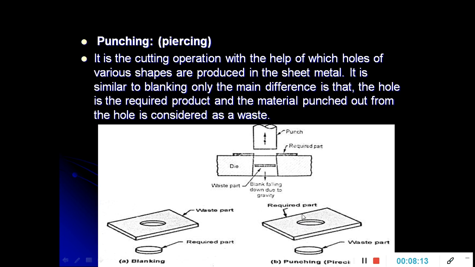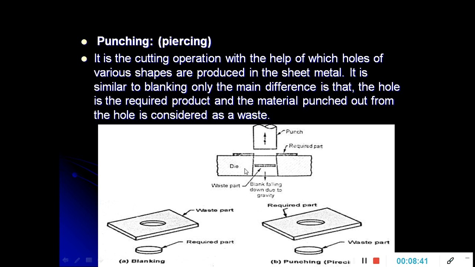Now the hole produced on a sheet is the useful part, and the removed part is the waste part. Got the idea? What is the difference between blanking and punching? In blanking, the removed part is the useful part and the remaining is waste. But in the punching operation, the removed part is the waste part, and the hole produced in the sheet metal is the required part.